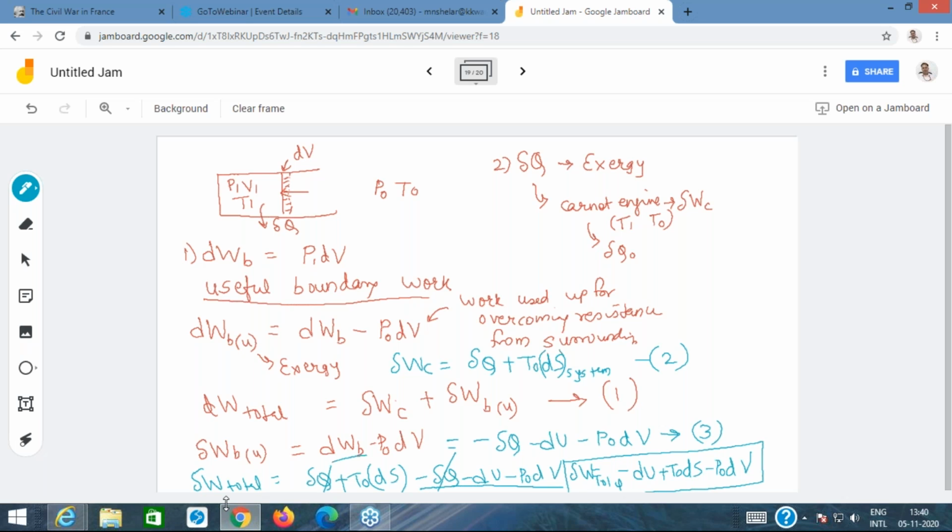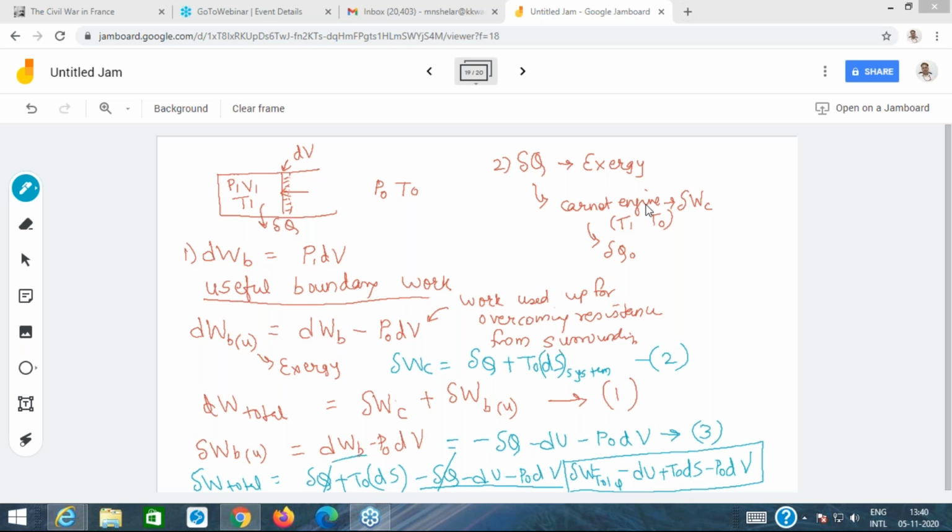Any doubt up to this point? Let me ask you. Up to this point it is clear, yes or no? Whether any doubt regarding this? Gargi is saying she has understood.